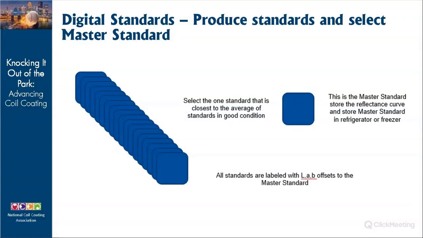That is your digital standard, and that should be stored in a refrigerator or a freezer or a cool, dark place, and really not to be used for anything in case you do have to remaster. Then you can always go back to the original. All the remaining standards are then labeled with LAB offsets to that master standard.